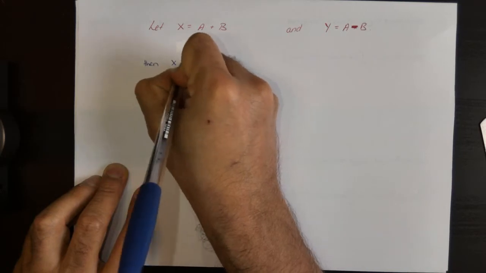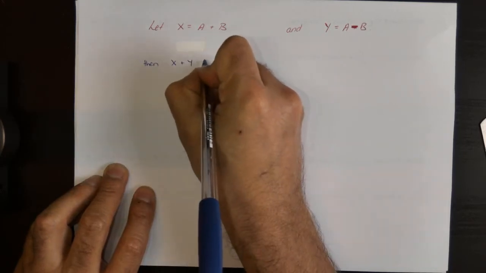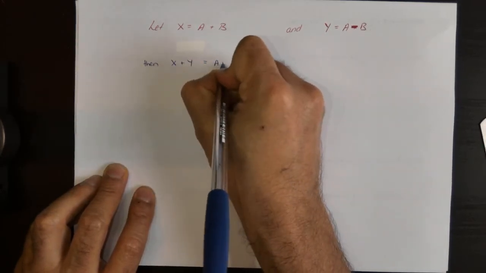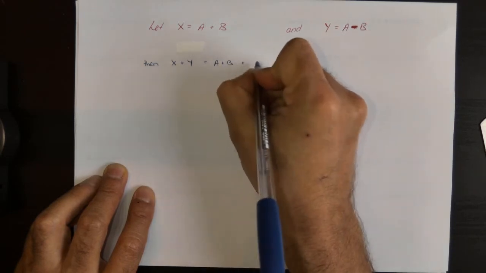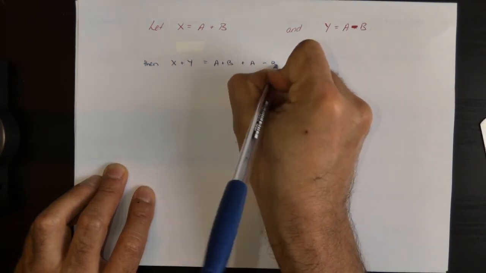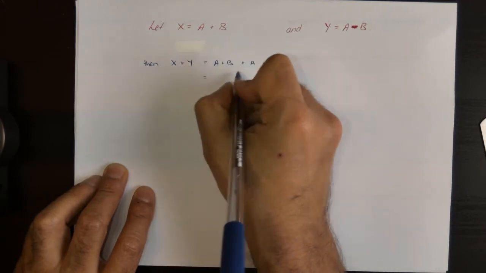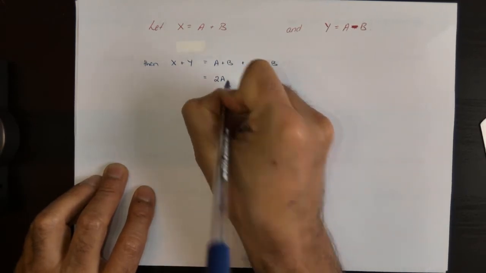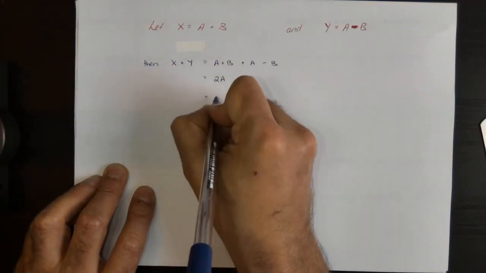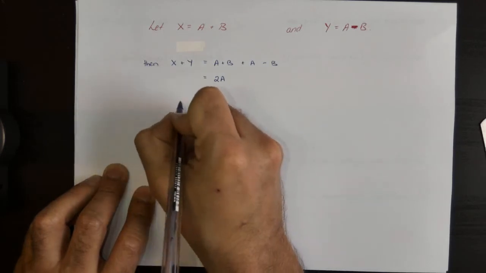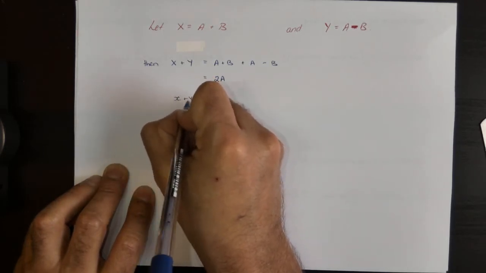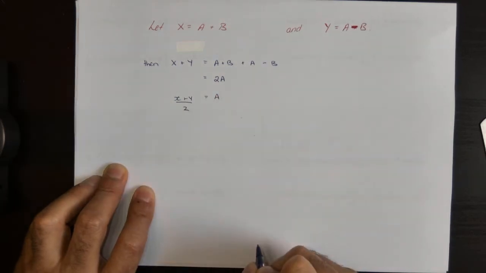Then x plus y is the same as a plus b plus a minus b, which will equal 2a. And so a is x plus y over 2.